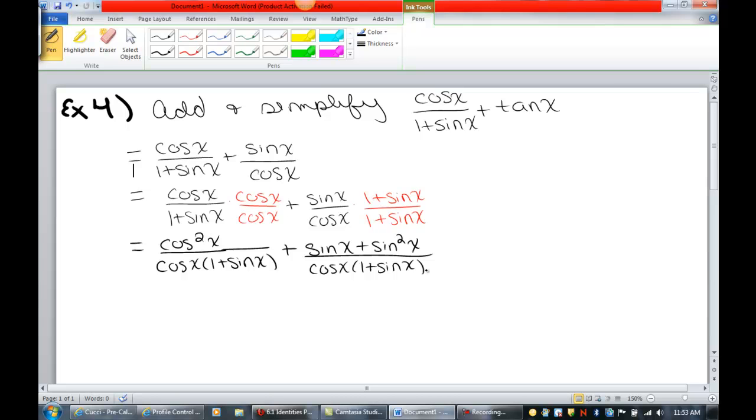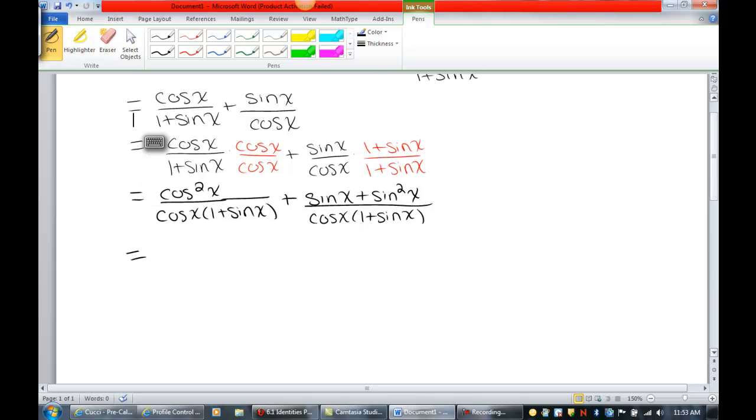Okay, so the next thing I'm going to do is combine this so that I have it as a single fraction. Cosine squared x, and I'm going to change the order here, and that's okay since addition is commutative, sine squared x plus sine x, and that's over cosine x times 1 plus sine x.